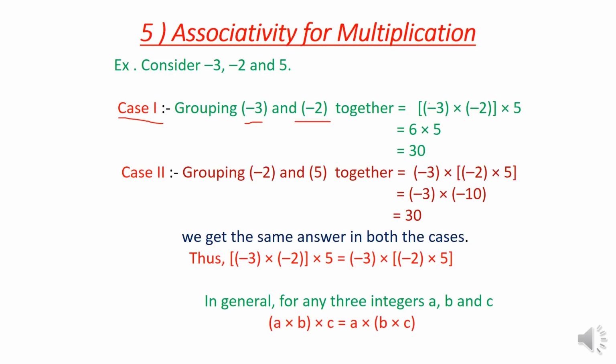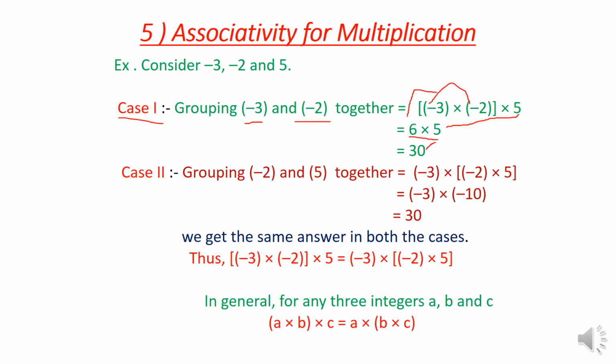Here minus multiplied by minus becomes plus and 6 will be the product of 3 and 2, and this 5 will be as it is. So, 6 multiplied by 5 in the next step, you will get plus 30.